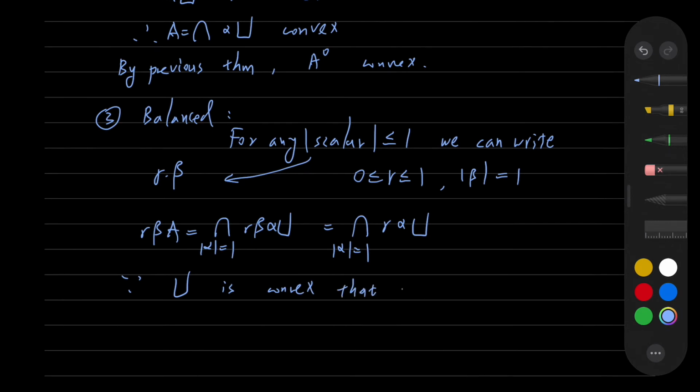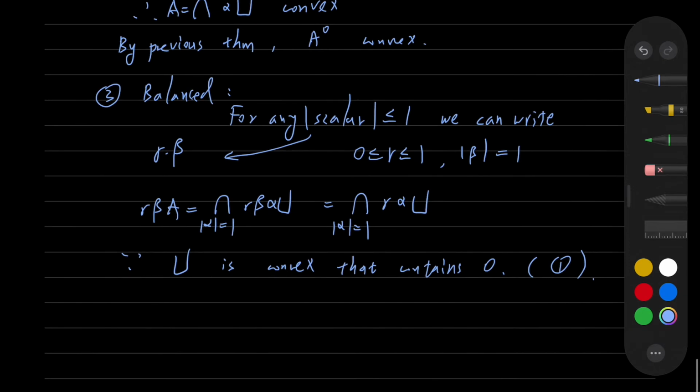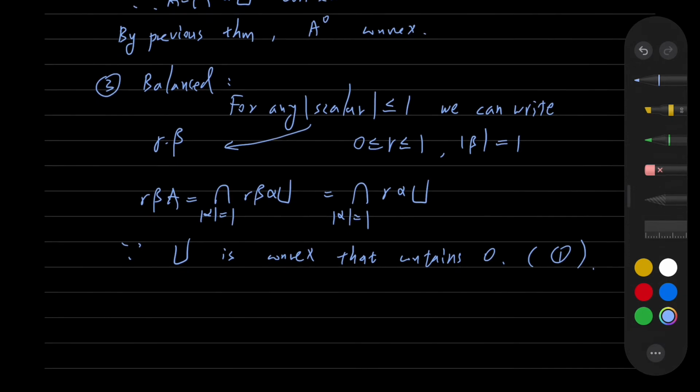Since U is convex and contains 0, by the way, it's proven in part 1, we have the fact that for this scalar r, we have the following equation. rU plus (1 minus r) times 0 is contained in U. And because scalar multiplication is a homeomorphism, we can just multiply it by a scalar which is non-zero.